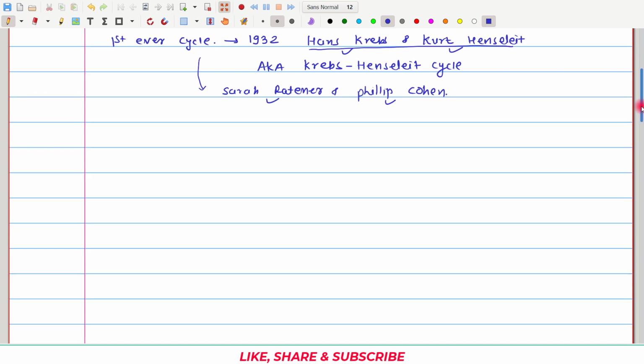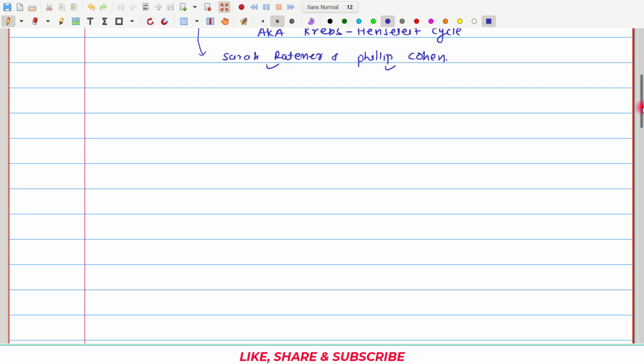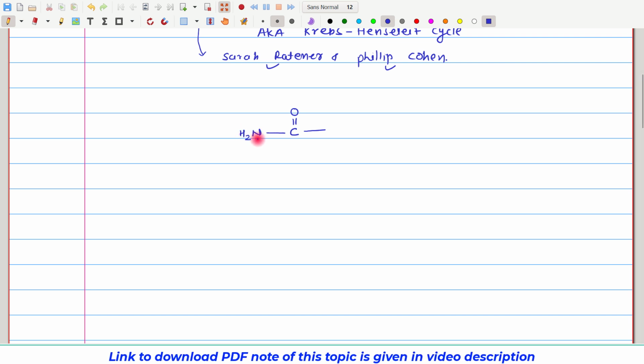Now, before looking at the steps of the urea cycle, it is wise to first look at the structure of urea. In the structure of urea, there is a central carbon bound with oxygen, and on both sides of this carbon, amino groups are bound. So, one amino group over here and another amino group over here.